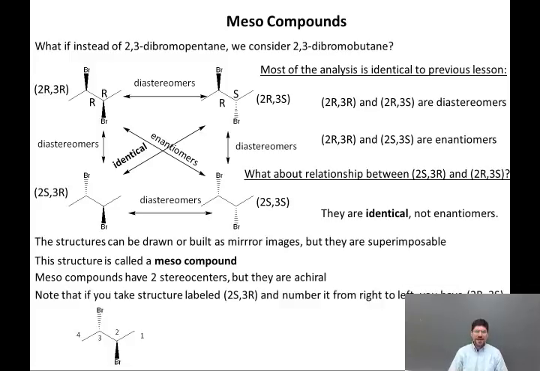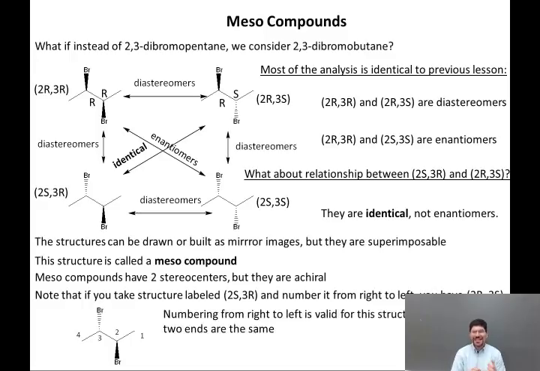So one way to think about this is if you take the structure that's labeled 2S3R, the bottom left structure of my corner here, and number it from right to left, instead of going from left to right like we did in the last lesson, and evaluate R and S at carbon 2 and carbon 3, you will realize that you now, in fact, have the 2R3S. And numbering this from right to left is valid for this structure because the two ends are the same.